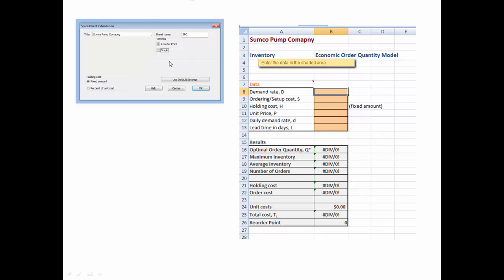And then once I click on economic order quantity, I'm going to type in the name of my company, or the title, and in this case it is the Sumco Pump Company. And to keep my spreadsheet in order, I'm just going to give this sheet a name so I know what it is, and I'm just going to call it SPC, and I'm going to click the box on reorder point, and then I'm going to hit OK. My holding cost is fixed, so I'm going to hit OK.